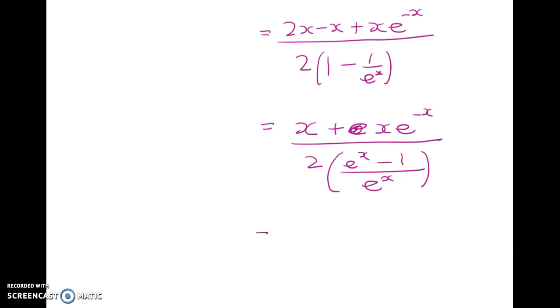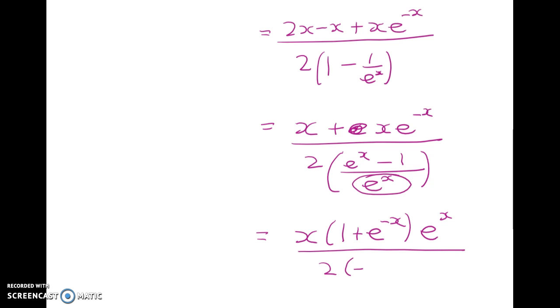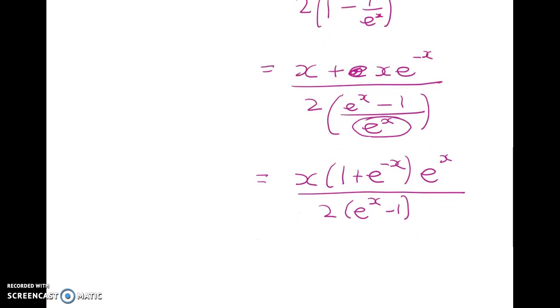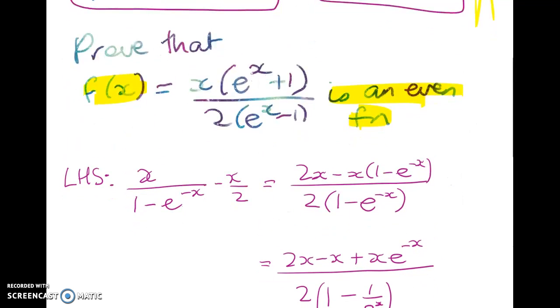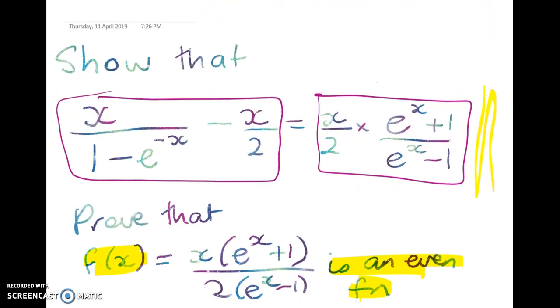Now, cleaning up the denominator gives me a numerator of x times 1 plus e to the negative x times this e to the x from down here into 2 times e to the x minus 1. So you can see I'm just about there. Look where we want to go again. Sorry, hope I'm not making you seasick. We're not doing that, but yet we're doing this bit here.